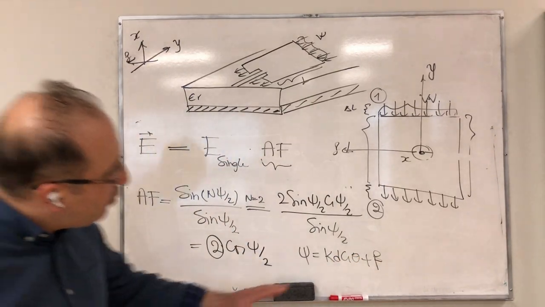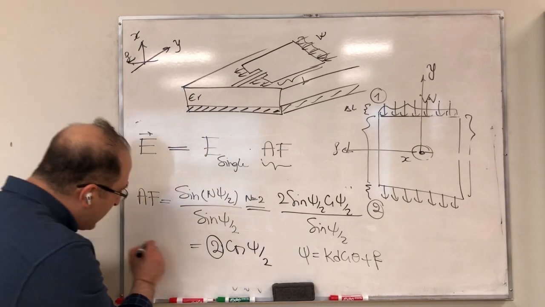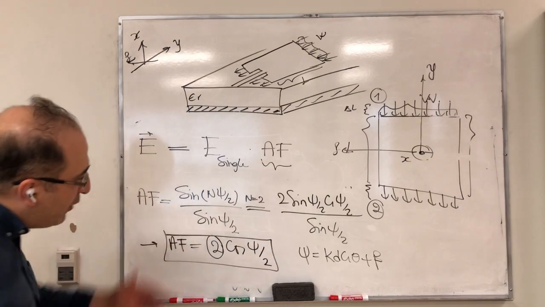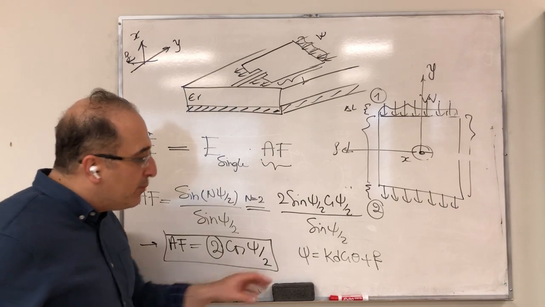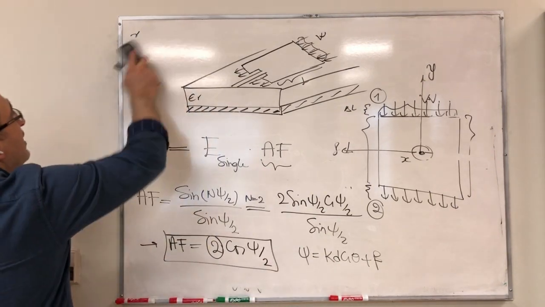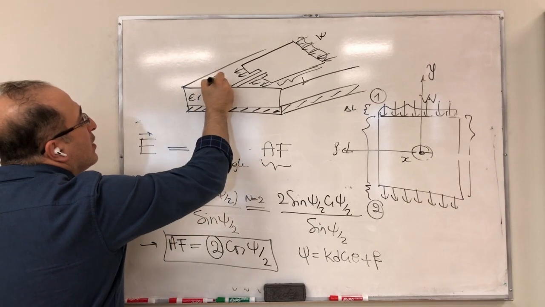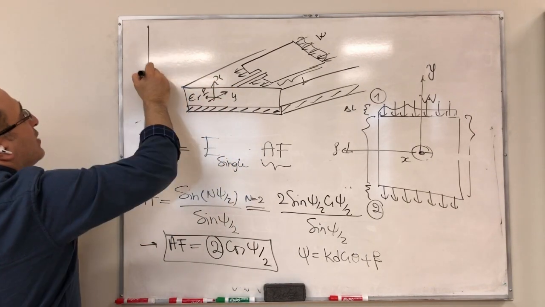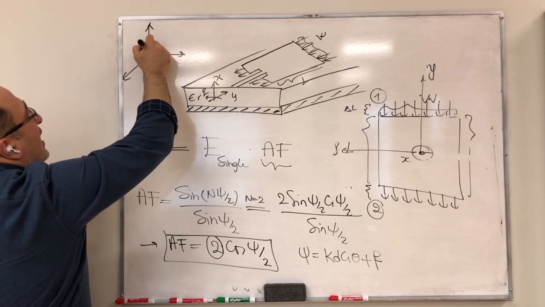Now, I want to explain what our array factor is in this particular case. What was the assumption when we derived this in the array part of the course? The assumption was that the array elements are on the z-axis.